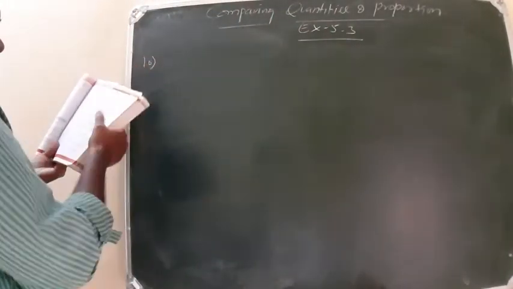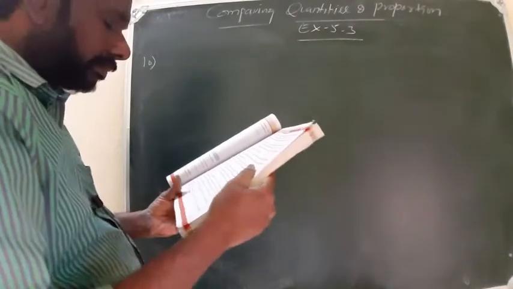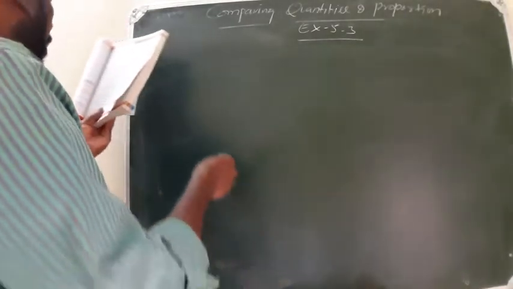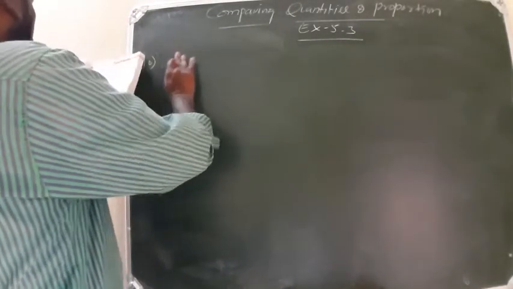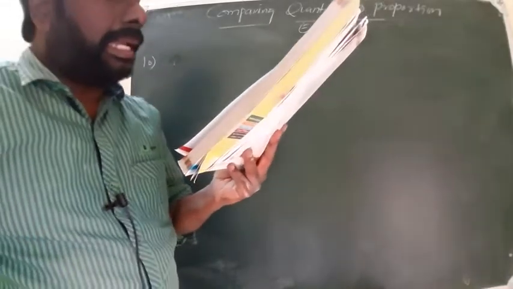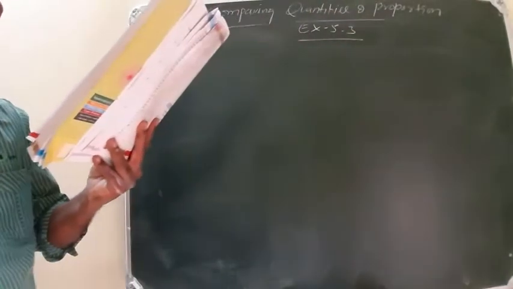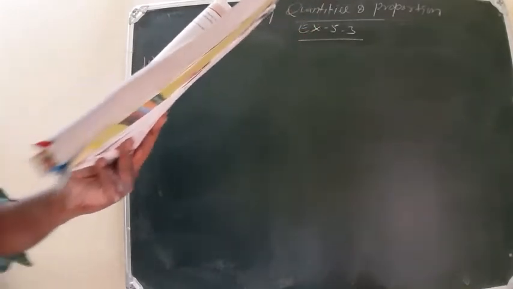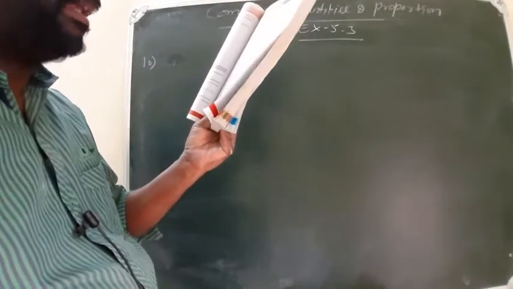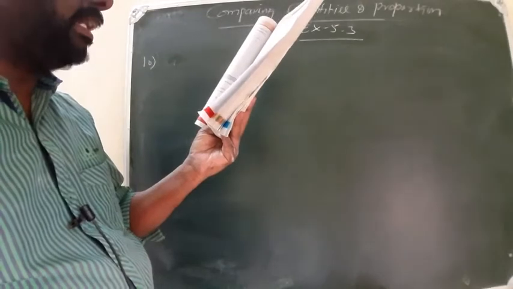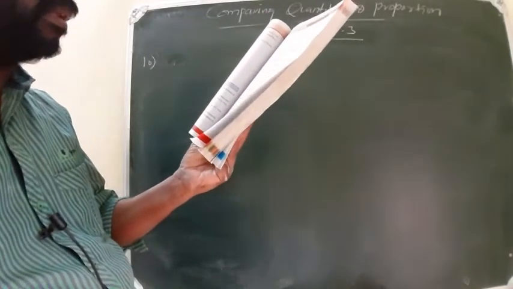Tenth one. In a laboratory, the count of bacteria in a certain experiment was increasing at the rate of 2.5% per hour.